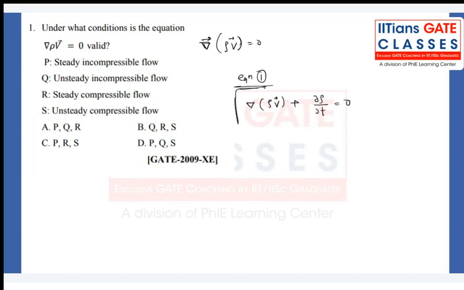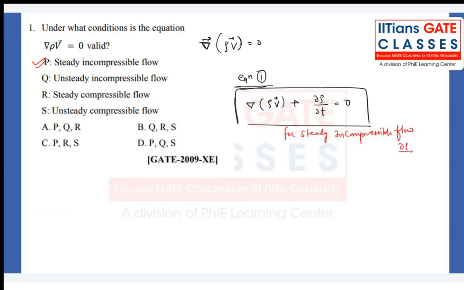This is the equation we have. But with this equation, what you are understanding is that if it is a steady incompressible flow, this equation is still valid, because for a steady flow, dou rho by dou t will be 0. This term will be gone, so automatically this term will be 0. That is the first.